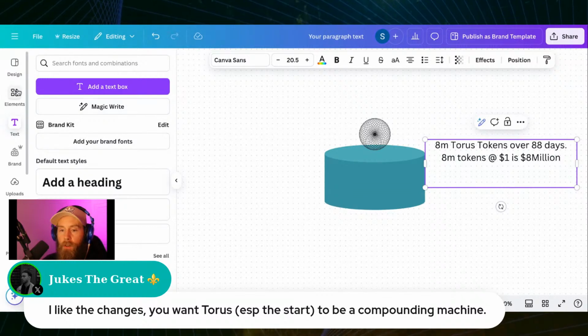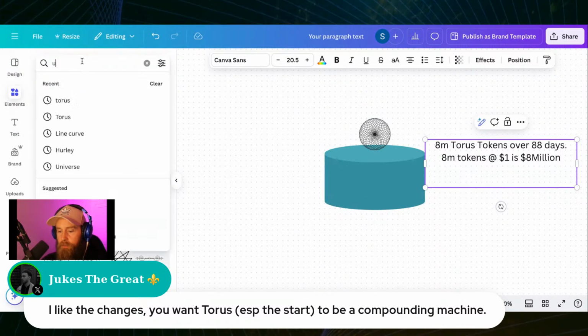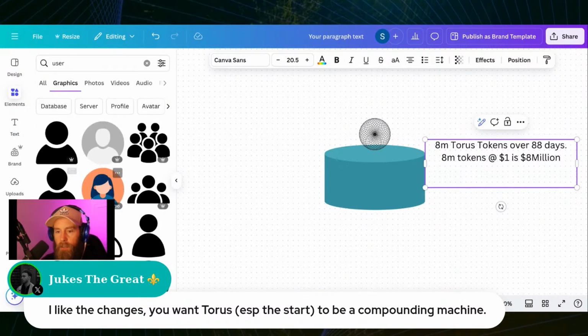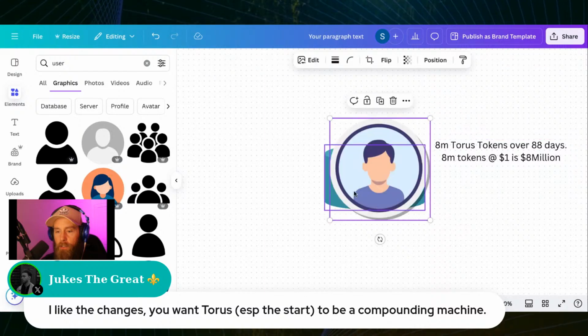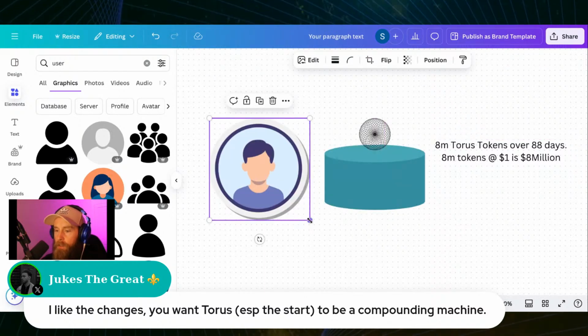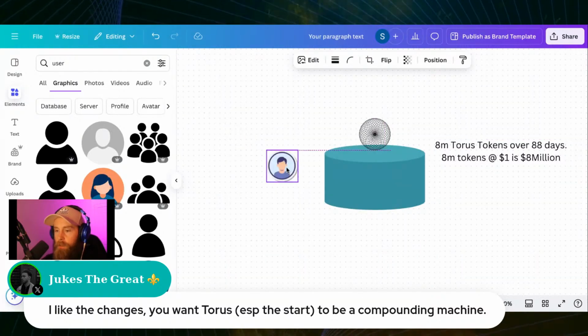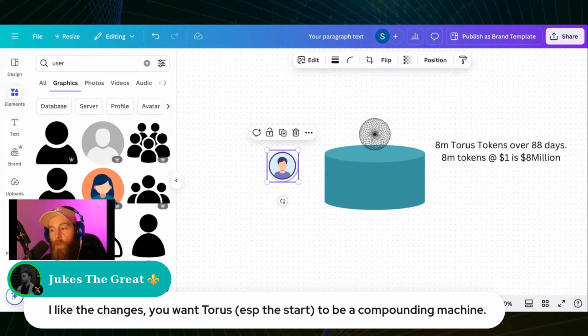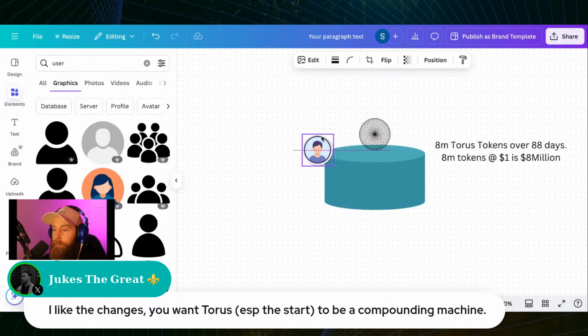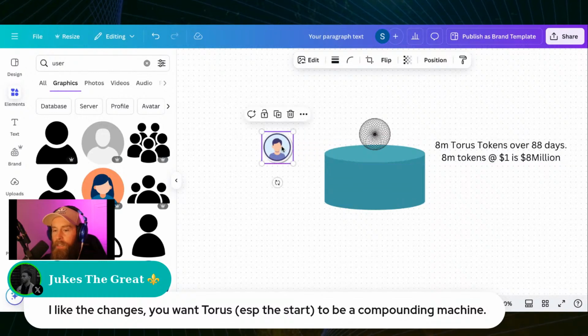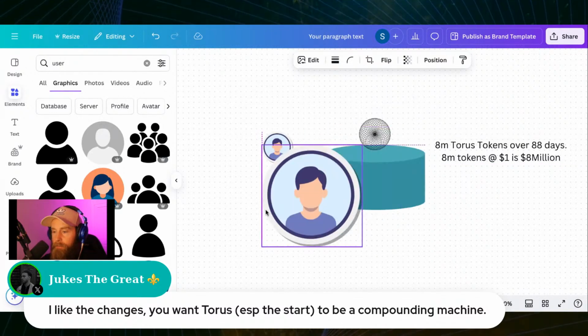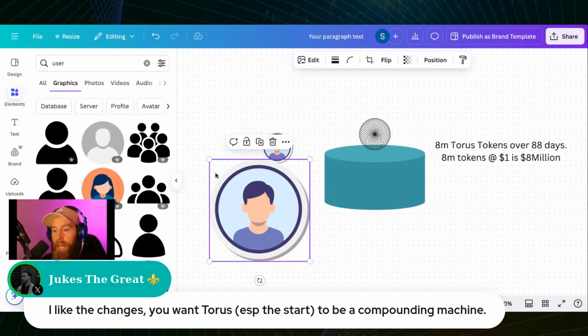Okay. So if you've got one person that comes in, well, they're going to get all the tokens. They're just going to scoop up all the tokens worth $8 million. If two people come in, then now you're going to split that in half.